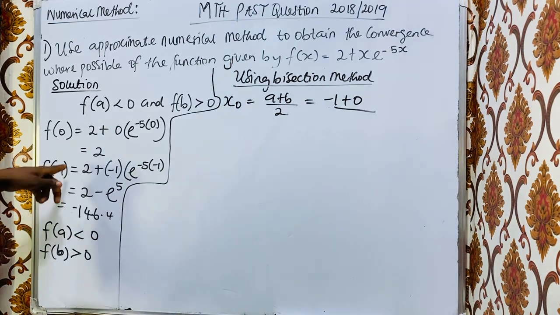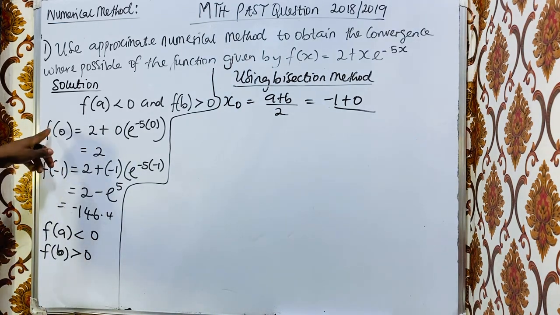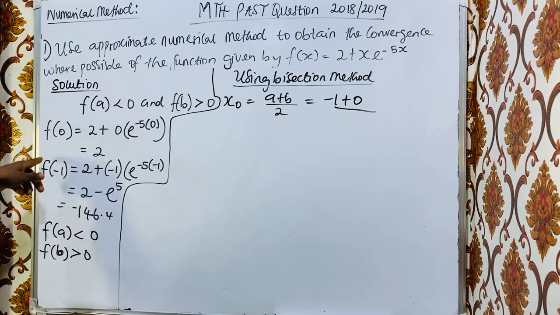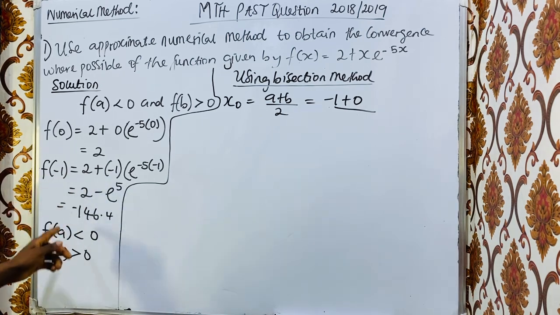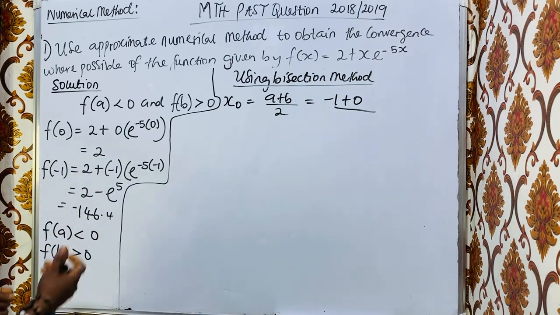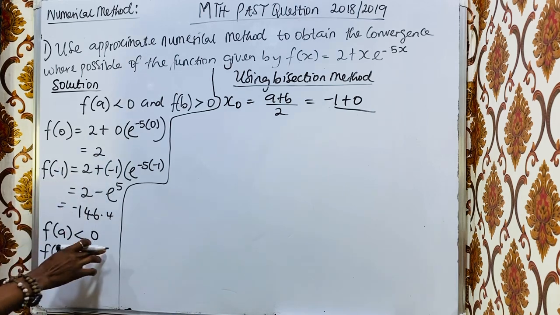When we plug x and it gave us positive, that number is b. Therefore our a is less than 0.